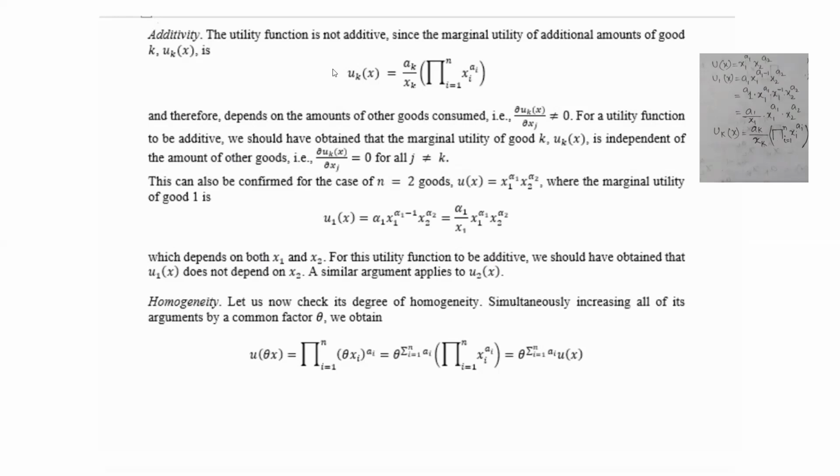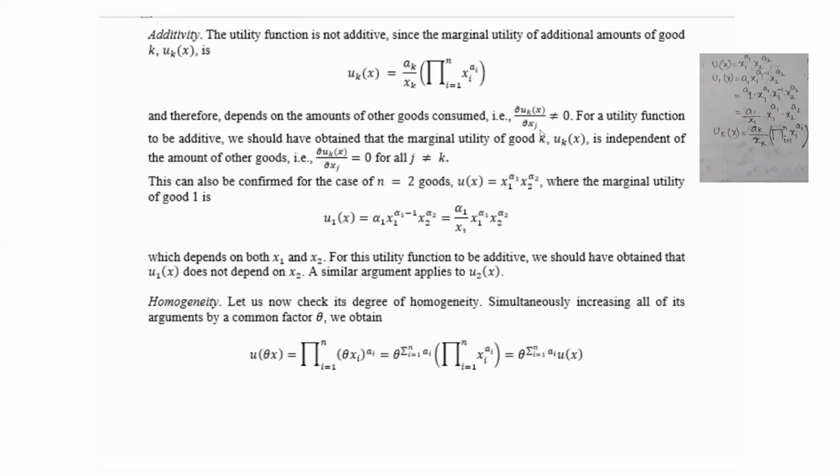And now we will see that if the marginal utility of good k doesn't depend on the amount of another good, then we can say the utility function is additive. To make this sure, we have differentiated the marginal utility of k with respect to xj.